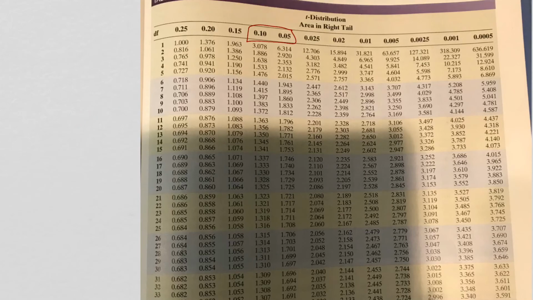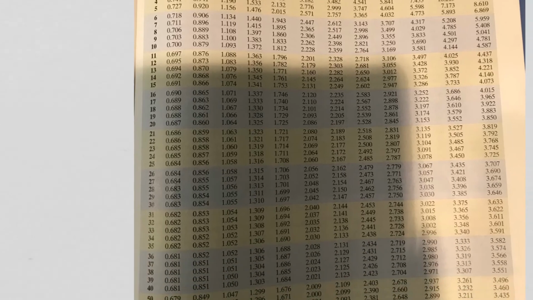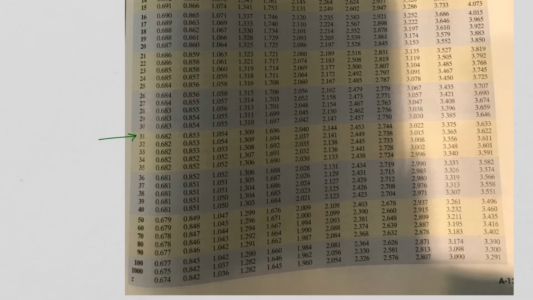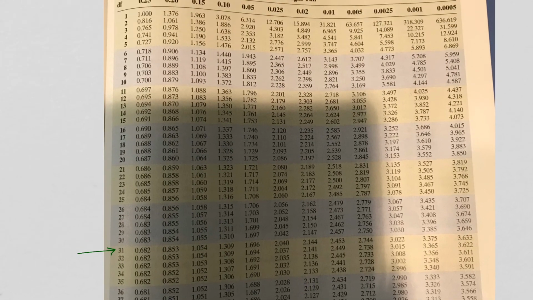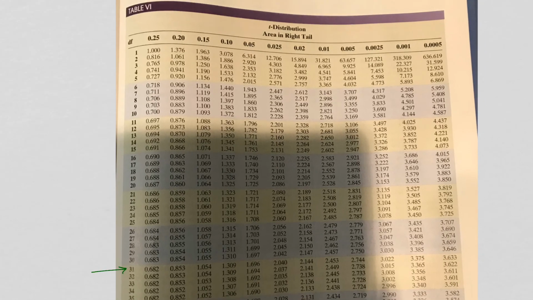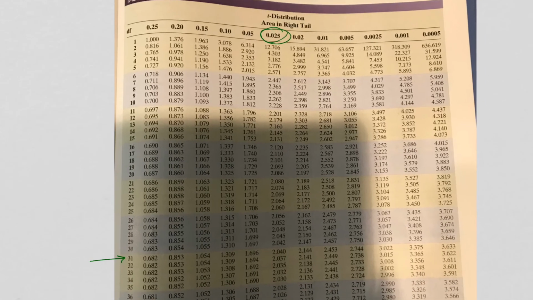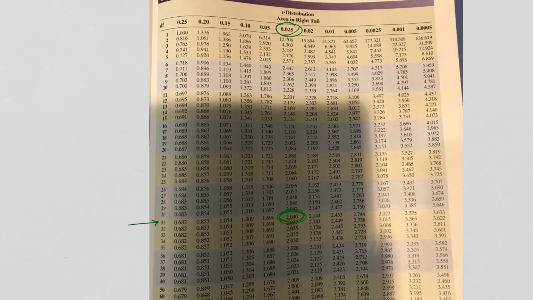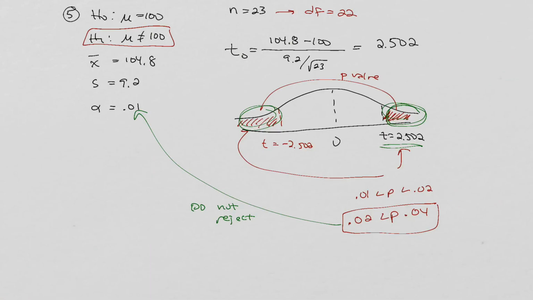So if we look at our chart, let me again erase some of our previous work here. I'm looking at a sample of size 31. In this case, alpha is 0.025, which is right here. So the t-score that we want is this one right there, which looks like 2.040.